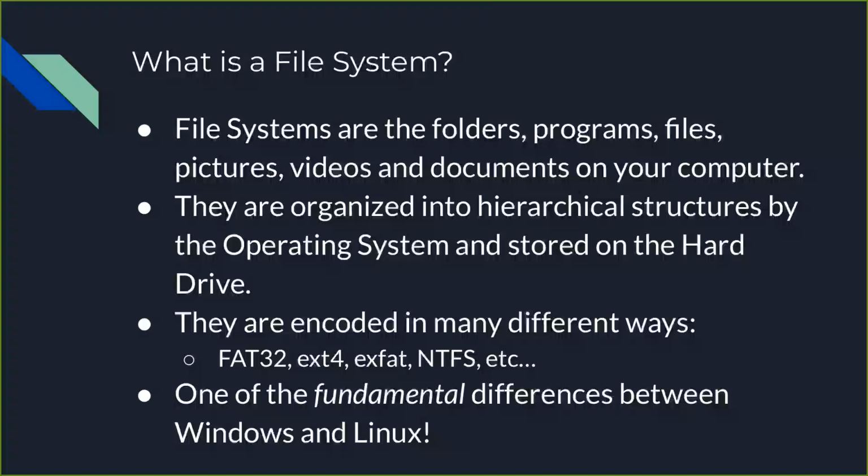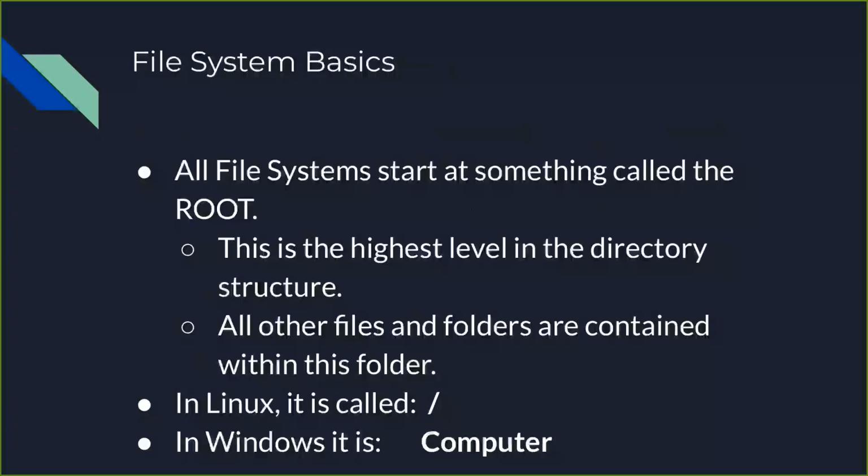You'll typically see things like FAT32, ext4, exFAT, and NTFS. These are sort of the more common ones. And also, Linux and Windows fundamentally make two very different choices when it comes to both encoding and that hierarchical structure I was talking about a minute ago.